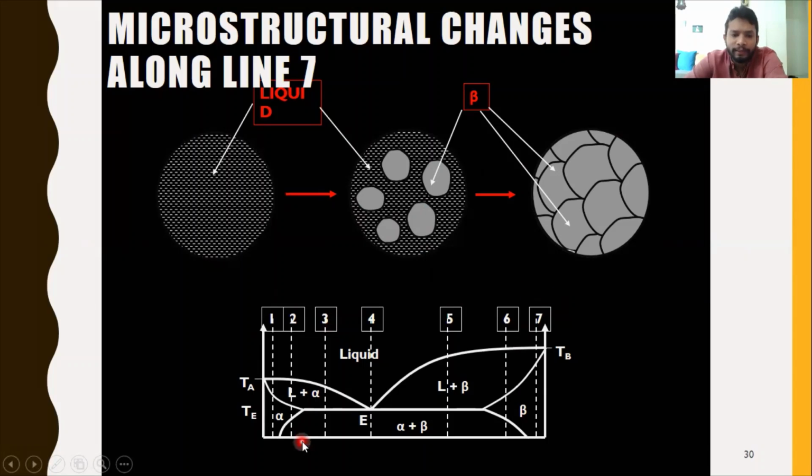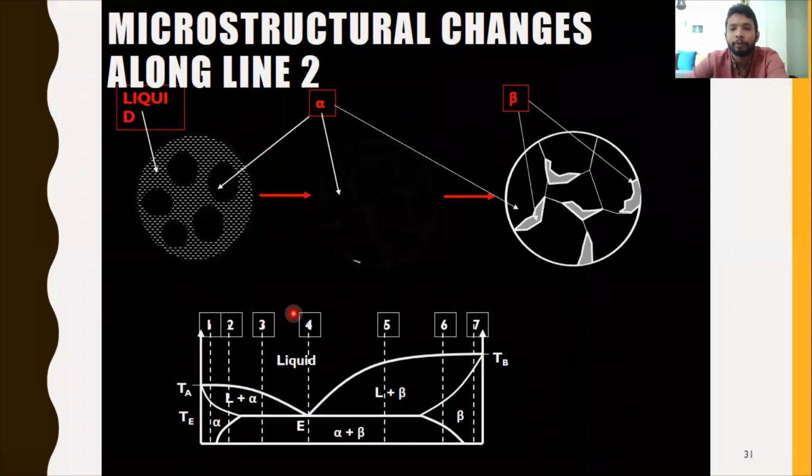Even though it is only alpha here, there is B here. Since alpha is in higher quantity, B is soluble in this A and B, so only alpha can be drawn here, no beta here. But something happens in line number 2.